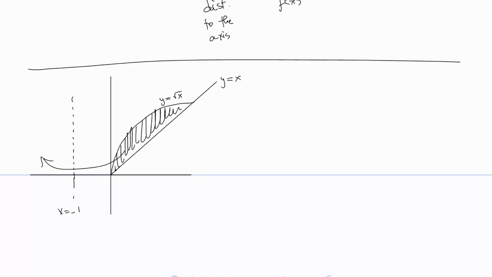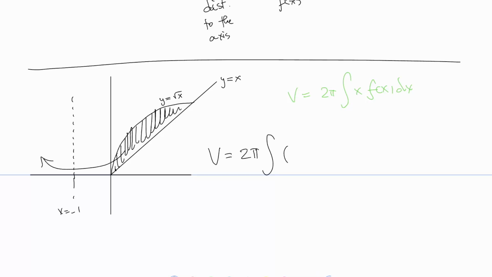My basic formula, I'm not exactly plugging into this, but this is the formula you should have in mind. You're going to have to change the x part and also change the f of x part. What do I use for the x part? If you remember what I said before, when the axis is at x equals whatever, the x part should change to x minus whatever. So in this case, it would be x minus negative 1. When I set this up, it's going to be 2 pi here.